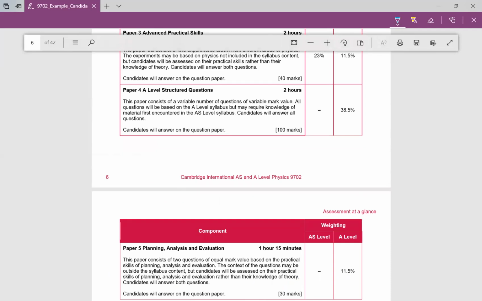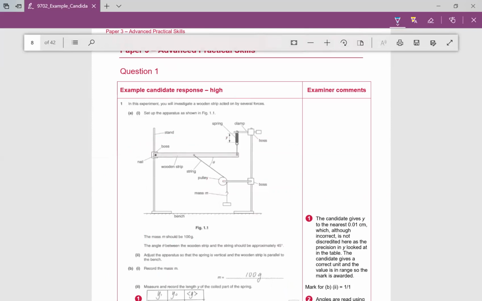Question number 1 in this specific year was: in this experiment you will investigate a wooden strip acted on by several forces. So you have variable forces being applied on this assembly, and because of this force, the length of the spring and the angle both are changing.